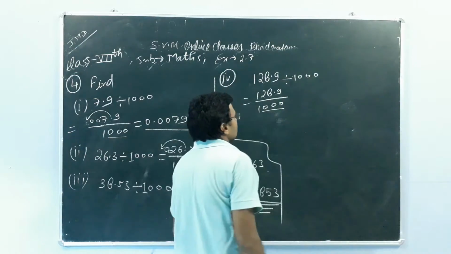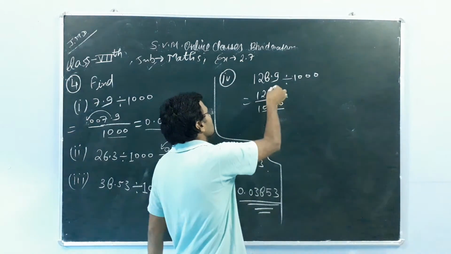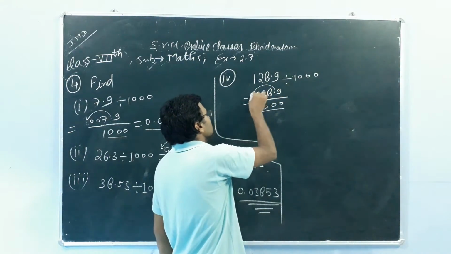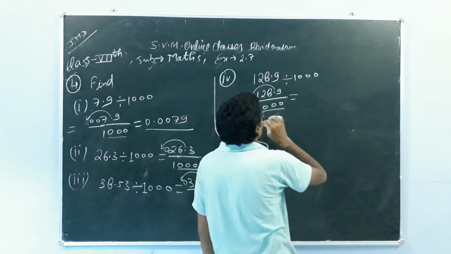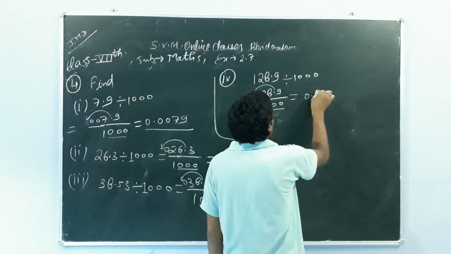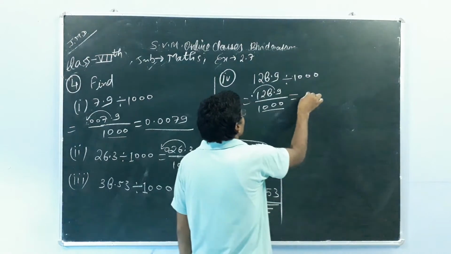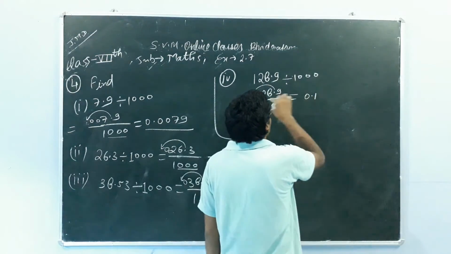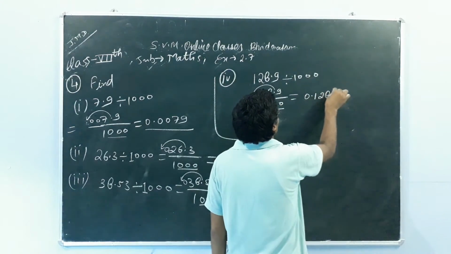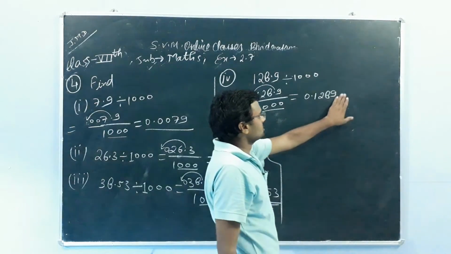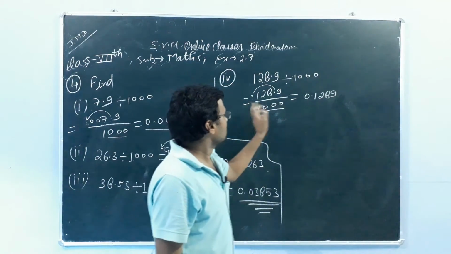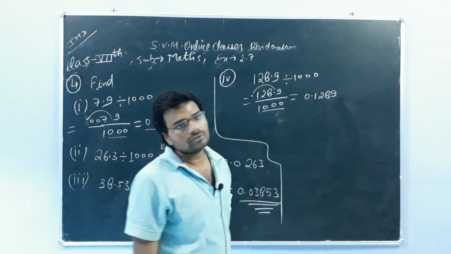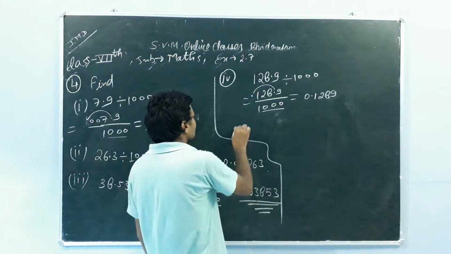These three zeros will make the point jump three digits and come over here. So it is 0.0 and now our point is over here, and all the digits will come as they are. Our answer is 0.1289. Got it?